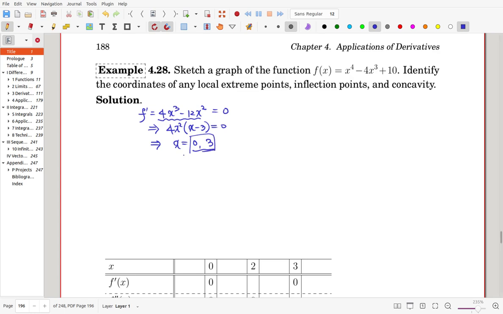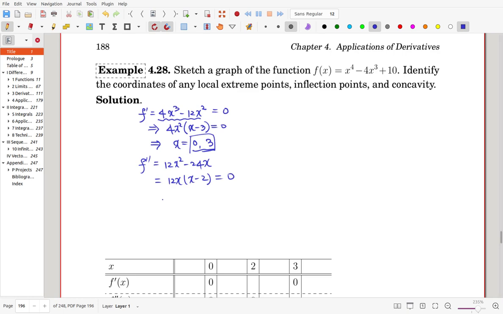Now the second derivative is 12x squared minus 24x, which is the same as 12x times x minus 2.